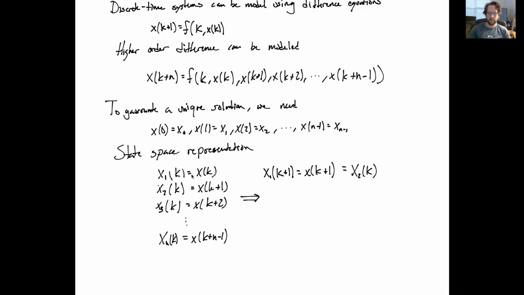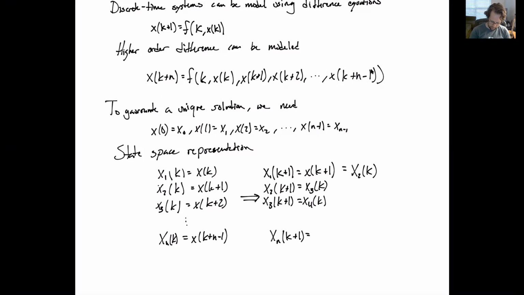So x1 of k plus 1 is equal to x sub 2 of k. All right, and now that just follows through. So x2 of k plus 1 will be equal to x3 of k, x3 of k plus 1 is equal to x4 of k, and then we can go all the way down to x sub n of k plus 1, which will be equal to this function up here.